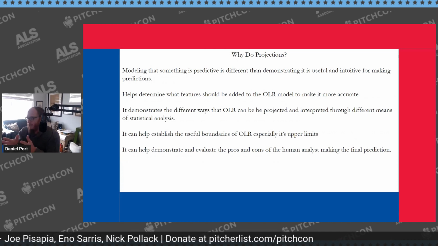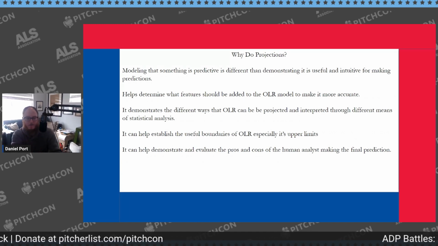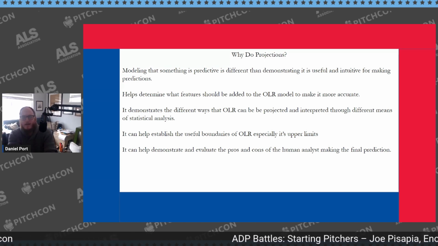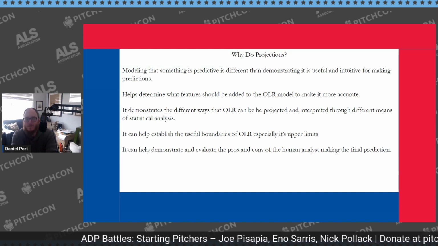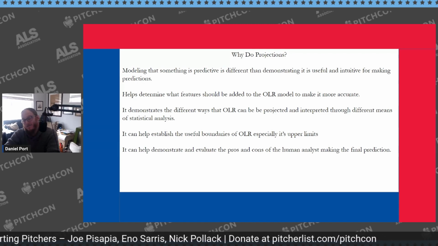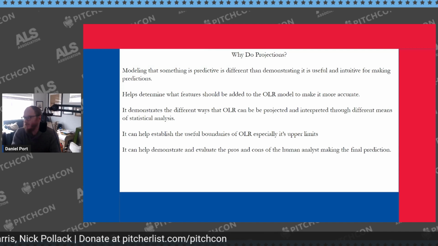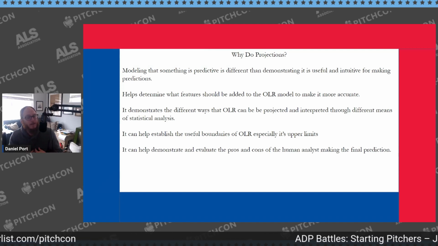So now that we've established the statistic itself and where it came from and what we're doing with it, the question is, why do projections? At the end of the day, in statistics, oftentimes modeling that something is predictive is different from demonstrating that it is useful. And also, for the record, that it's intuitive for making predictions, because an important distinction is that you are the one making the decisions.